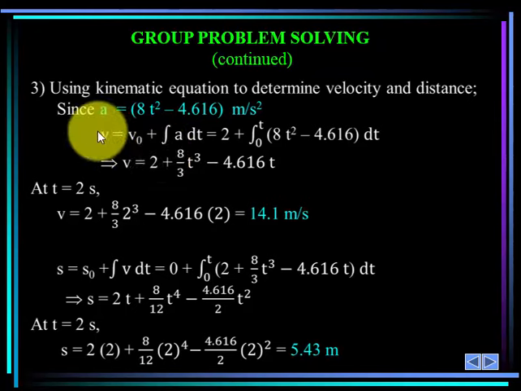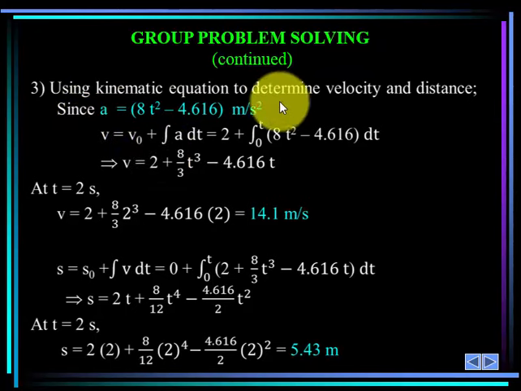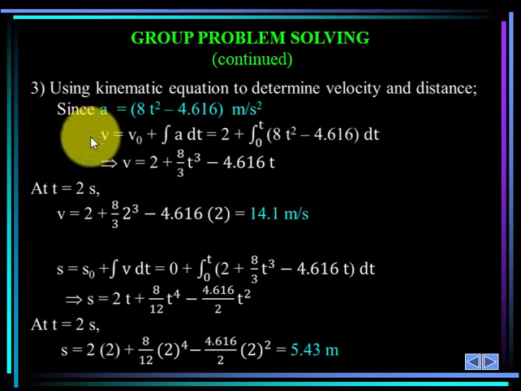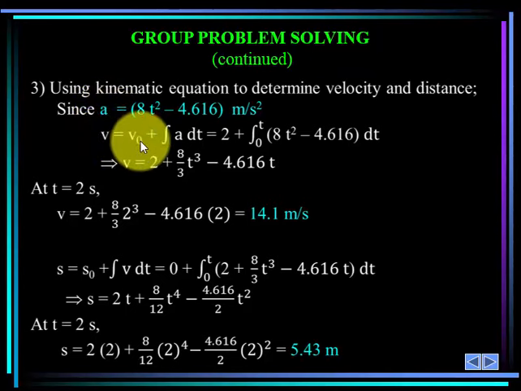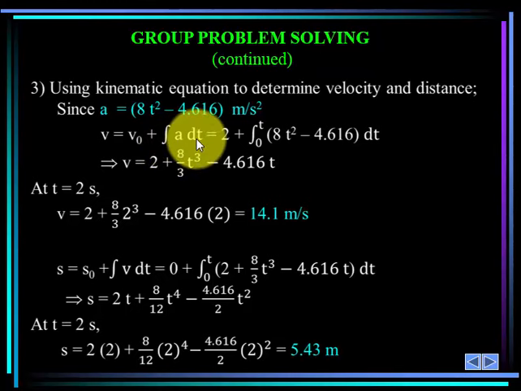So, knowing that acceleration, if we want velocity, knowing acceleration versus time, we can integrate that acceleration. Integrating acceleration, the final velocity minus the starting velocity from our limits of integration is equal to the integral of a dt. We put in our initial velocity of 2, that was given in the problem statement.